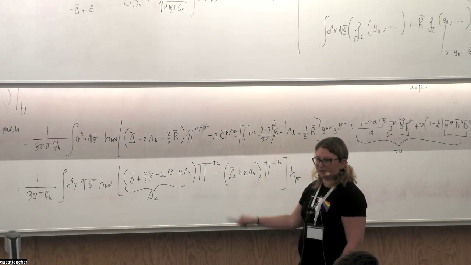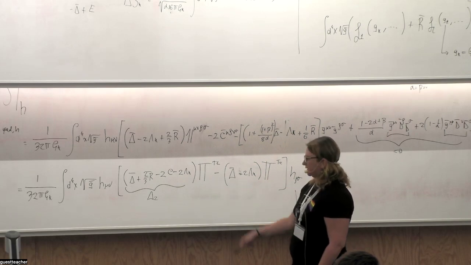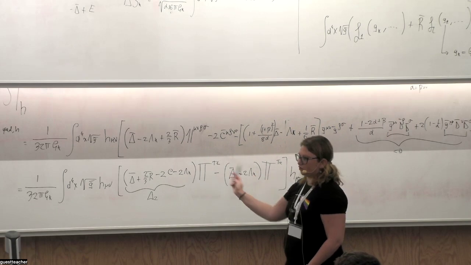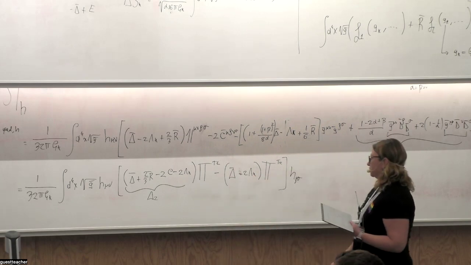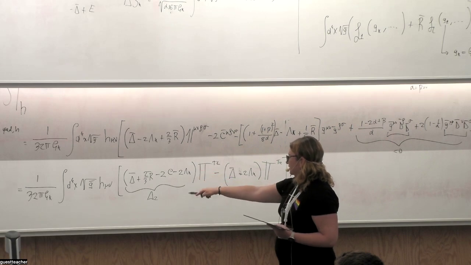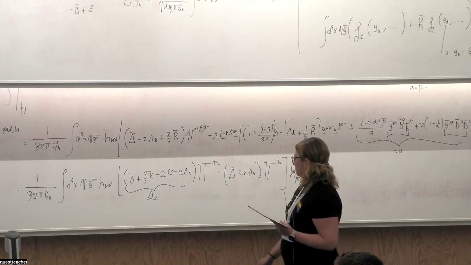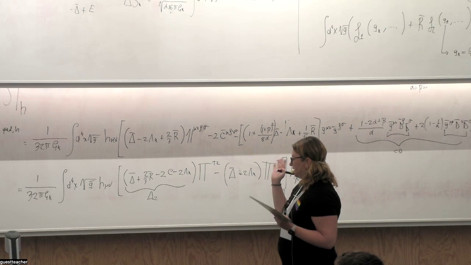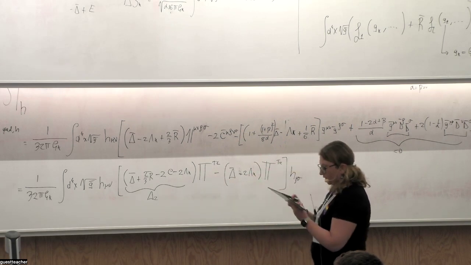They are completely decoupled: the trace part and the traceless part in harmonic gauge are completely separated. So now I can just give these two parts to the heat kernel formulas, just inserting these parts.